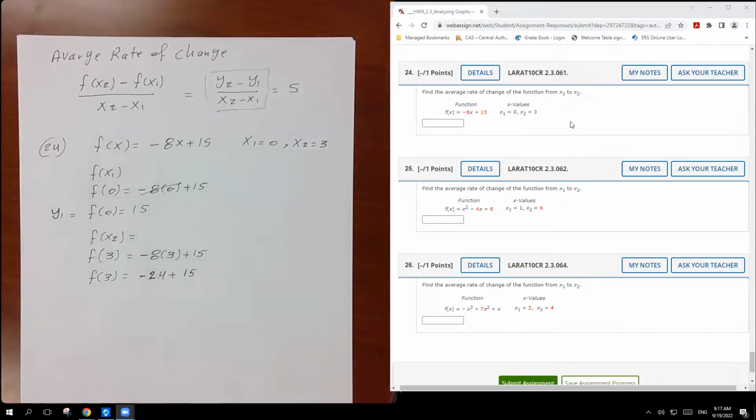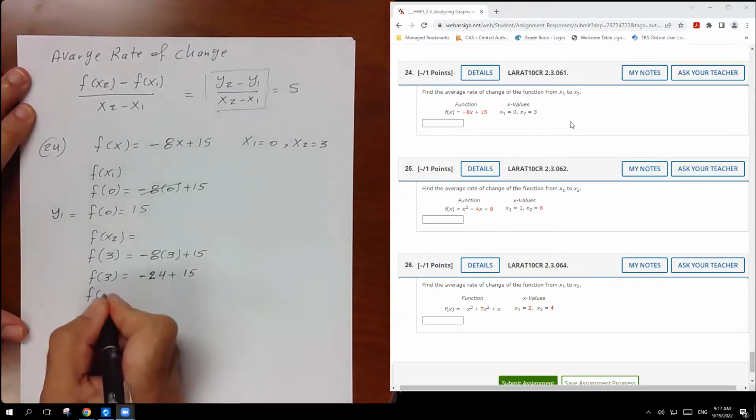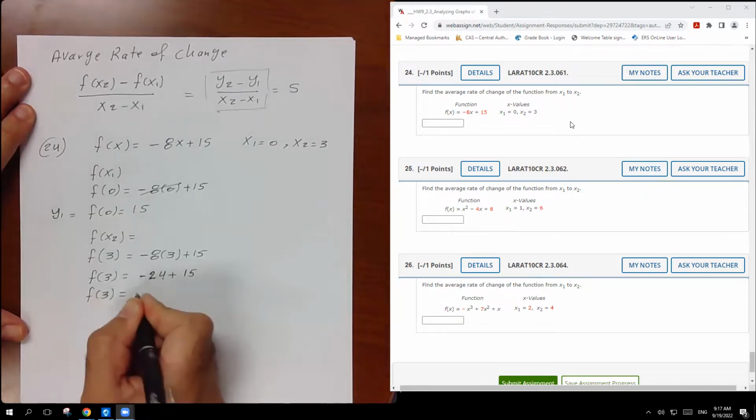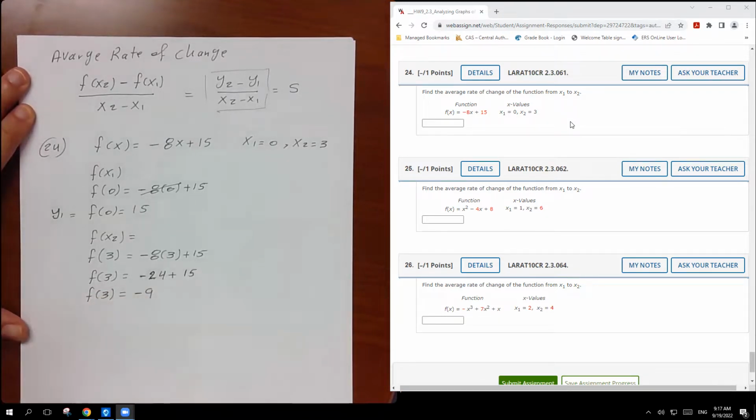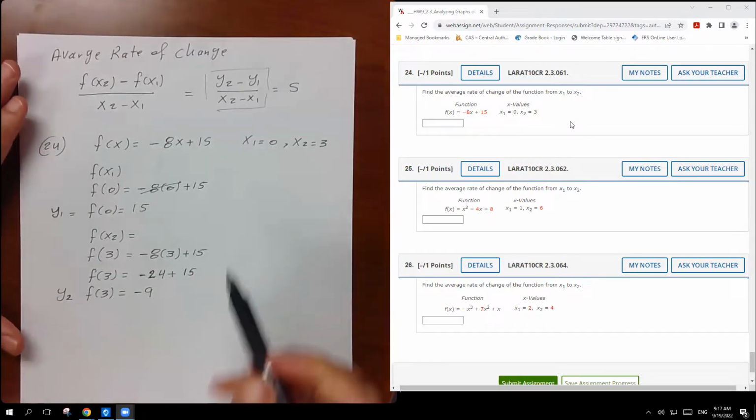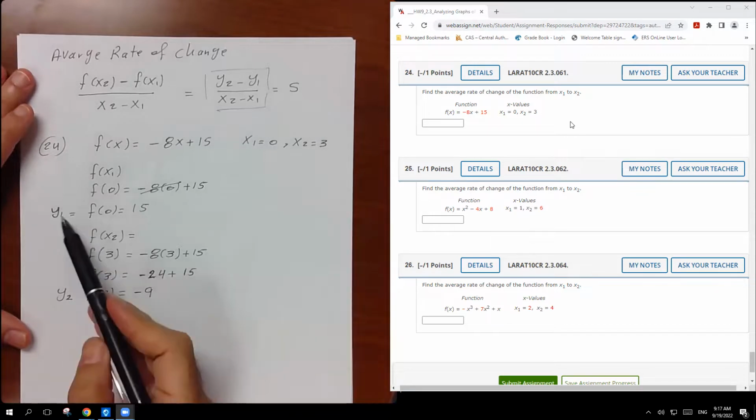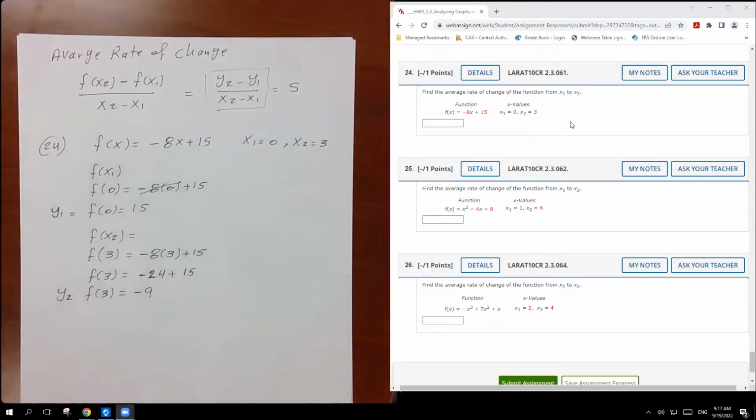Add these two numbers. So f of 3 is going to be negative 9, and this is y2. Now we have x1, x2, y1, y2, so we're just going to plug everything into the formula.